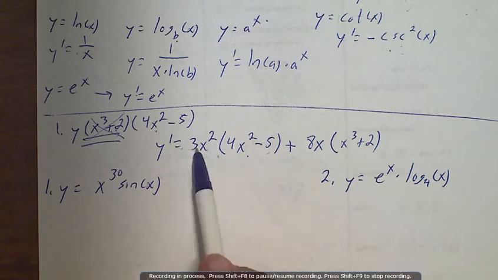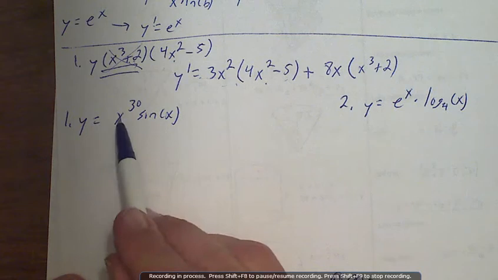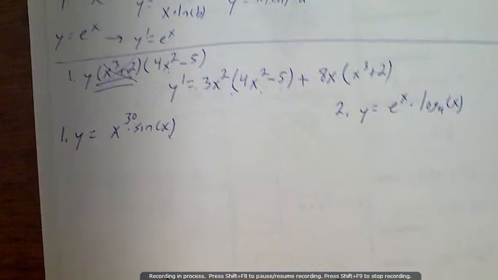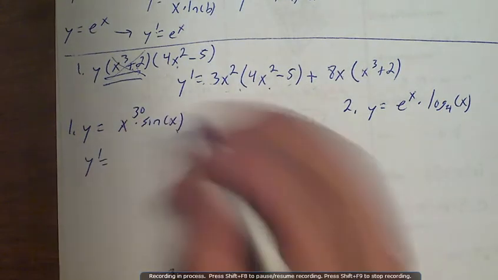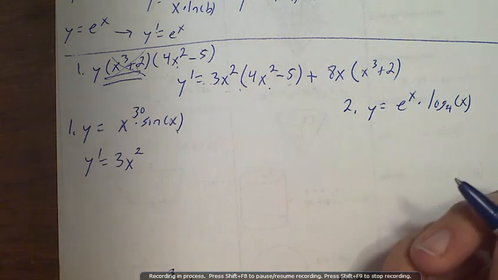Okay, more examples of product rule. X to the 30th times sine of x. It's multiplication, two functions multiplied together. So for the derivative, take the derivative of x to the 30th, the derivative of the first part, and then leave whatever else is behind it, sine of x, plus.